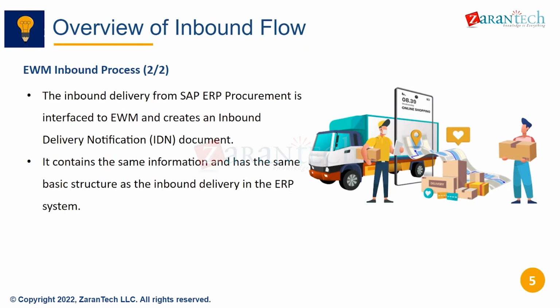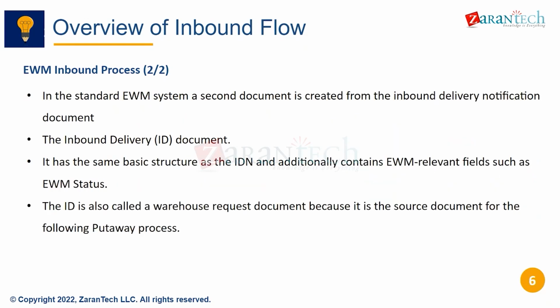Then for that inbound delivery notification in EWM, it will create the inbound delivery. The inbound delivery request or order, we say in the EWM concept a warehouse request document, is the document after which you create the inbound delivery, and that document is used in the EWM system to see statuses and to process.